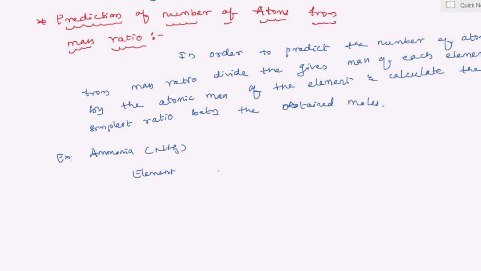Element, mass ratio, atomic mass, mole ratio, and simplest ratio. Here mass ratio is X, atomic mass is Y, and mole ratio is X by Y.